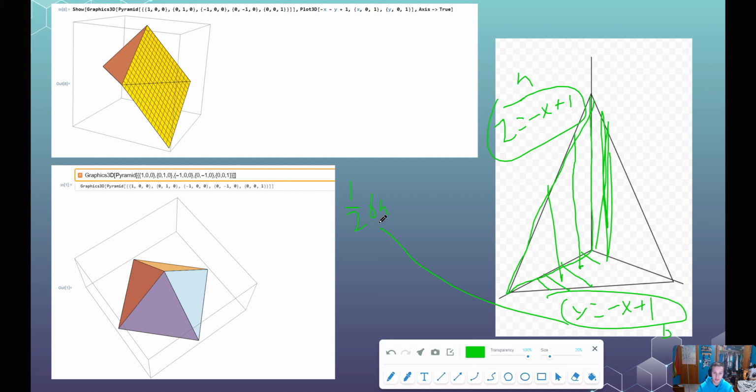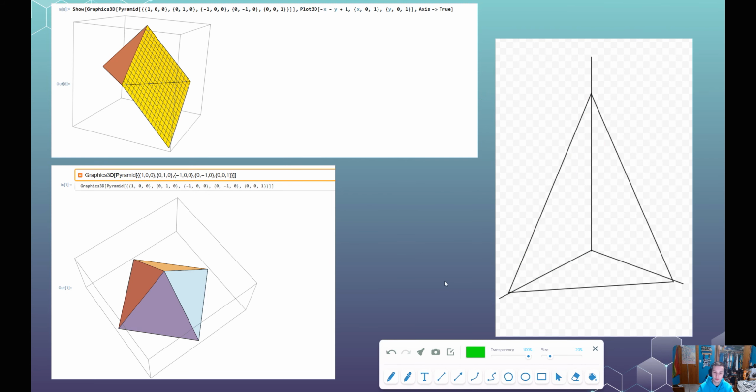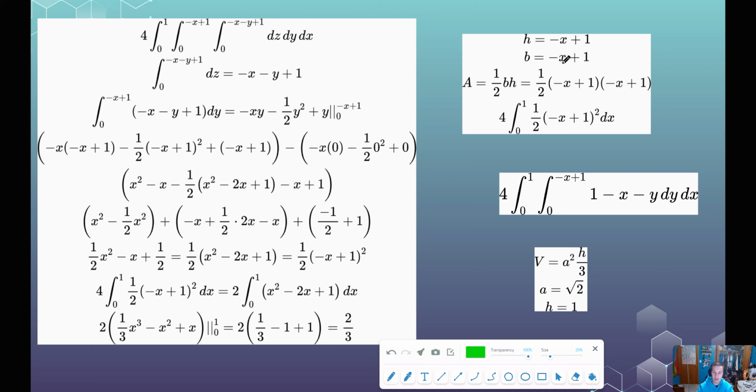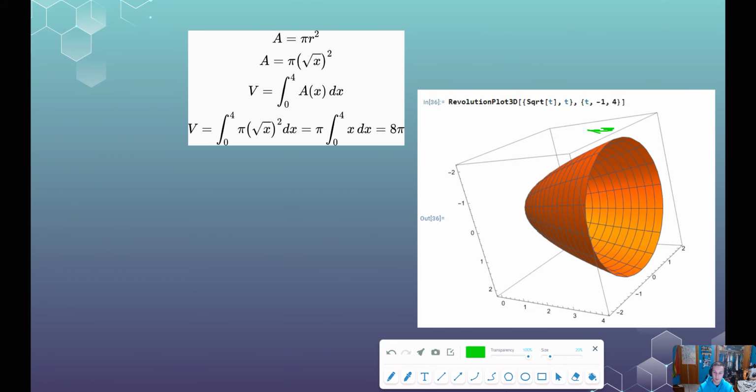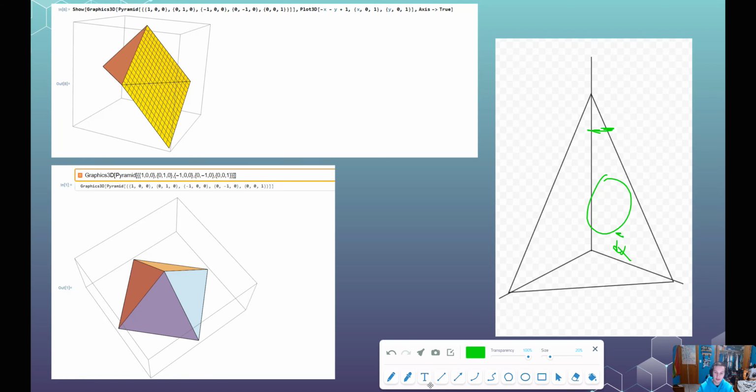Now we have a base and a height, and that allows us to just plug that in here. And then we can use our little dx trick. If you go back, remember we had a circle, and we used a little infinitesimal dx. Well, now we have the same triangle, and it has a little infinitesimal width of dx.